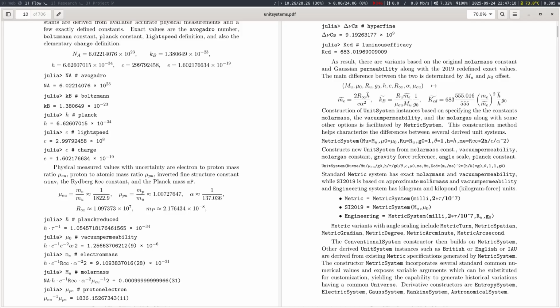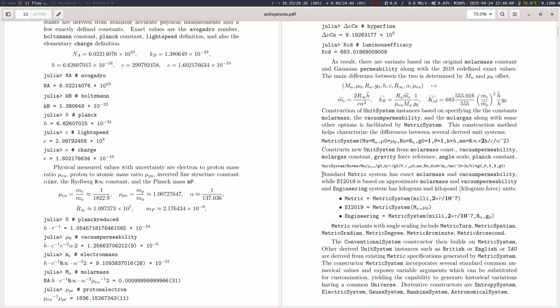So the standard metric system has the exact molar mass and exact vacuum permeability that was familiar for a long time for many people. And then in SI 2019, there was an approximate molar mass and an approximate vacuum permeability choice made. And both of these are possible in my system. My unified system of quantities is so general that it allows you to simultaneously have both of these.